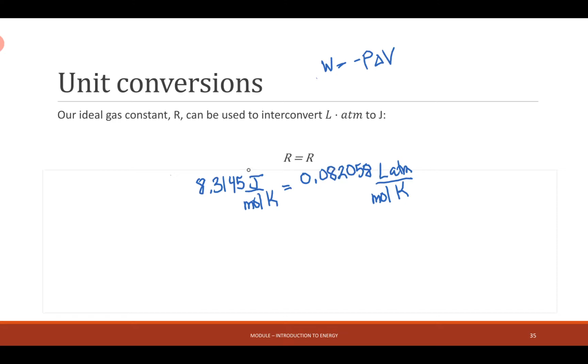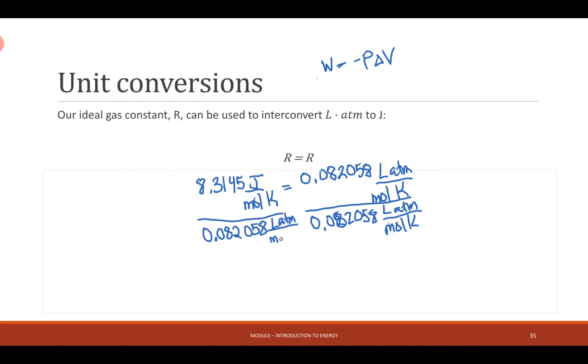If I want to keep joules and cancel out liter atmospheres, then I'll divide both sides by this constant. So I'm going to divide both sides by 0.082058 liter atmospheres per mole Kelvin. Divide the other side by that as well. And so this whole side cancels out and gives you 1.